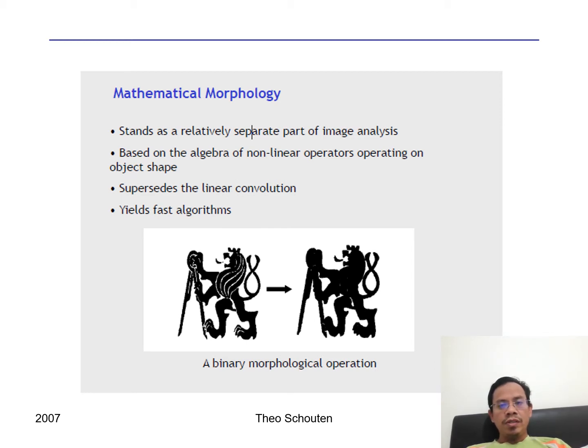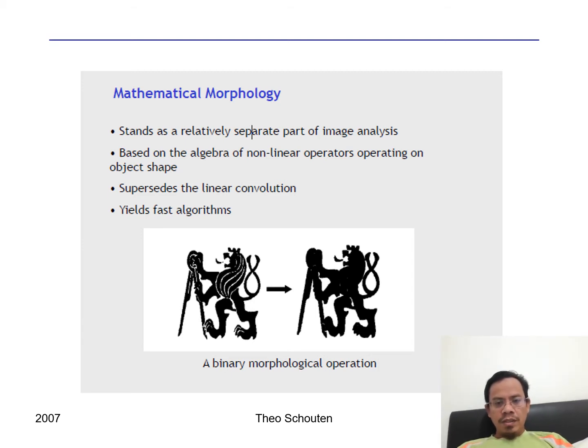So we call it morphological image processing. It stands as a relatively separate part of image analysis based on the algebra of non-linear operators operating on object shape, superseding the linear convolution and yielding fast algorithms.